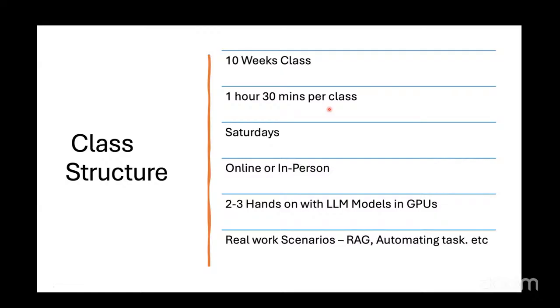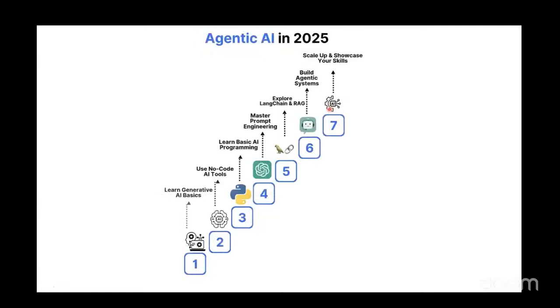Finally, we will have real world scenarios. In today's world, everybody is eager to learn RAG systems and how to automate various tasks using agentic AI. That's what we are going to do in this entire journey of agentic AI.